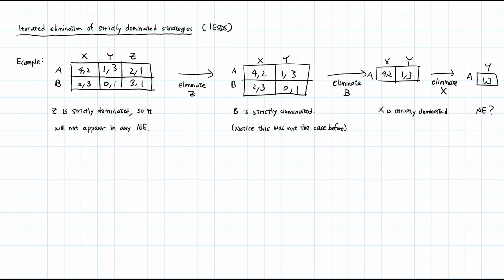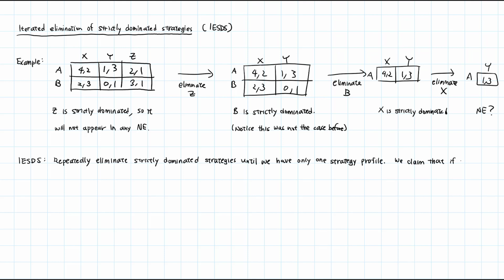So this process is called iterated elimination of strictly dominated strategies, or IESDS. We repeatedly eliminate strictly dominated strategies until we have only one strategy profile. We claim that if this works, then the surviving profile is the unique Nash equilibrium of the game.